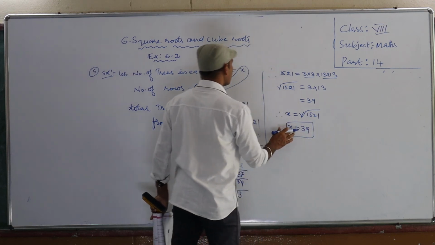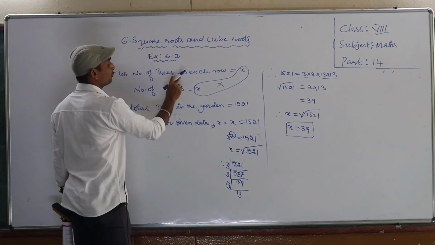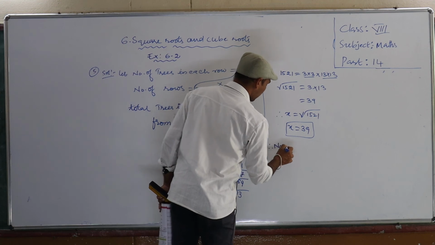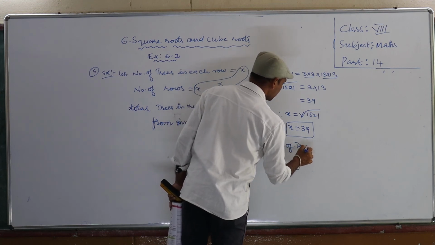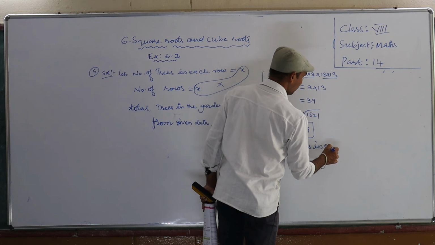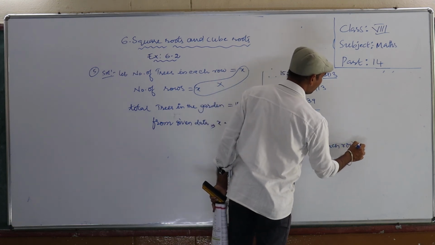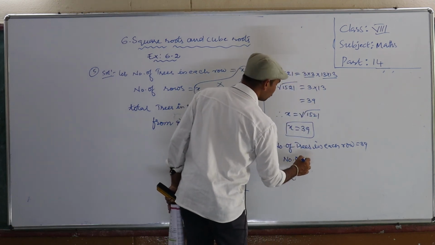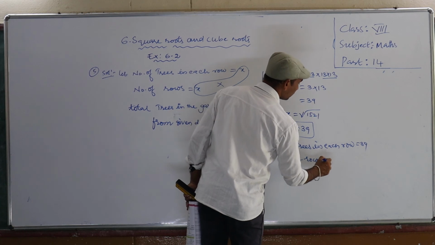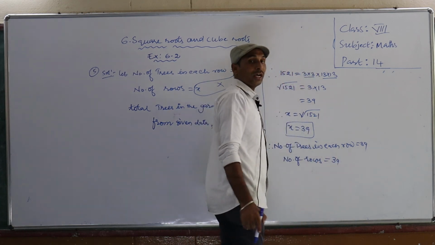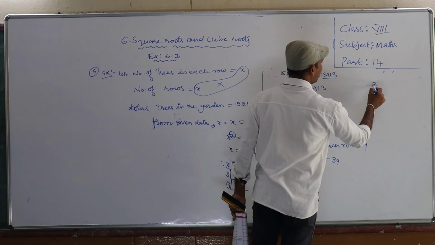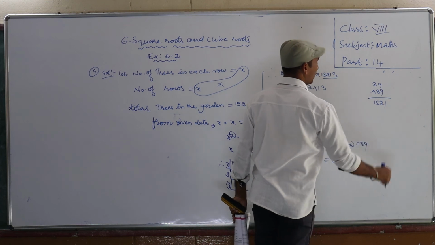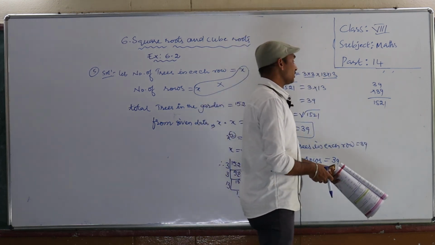What is x? x is the number of trees in each row. Therefore the number of trees in each row is 39. At the same time, the number of rows is also 39. If you have any doubt, multiply 39 into 39 and you will get 1521.